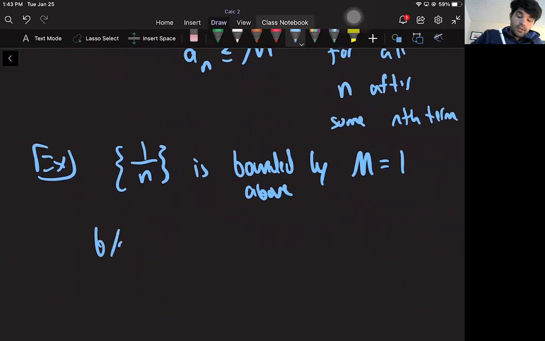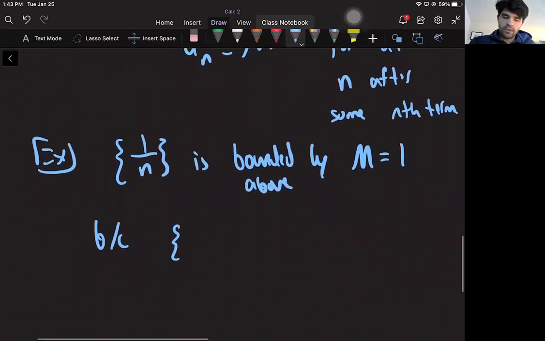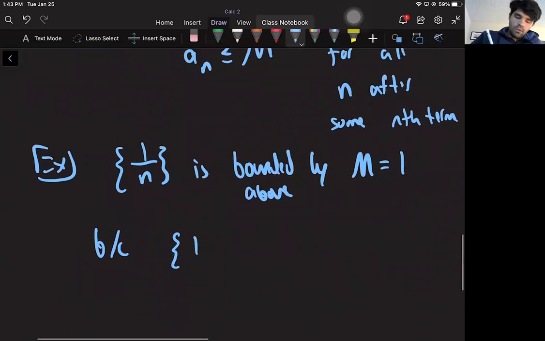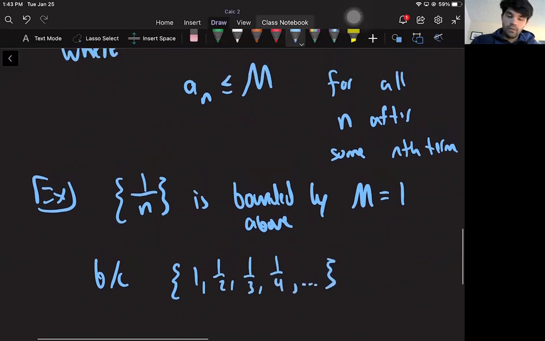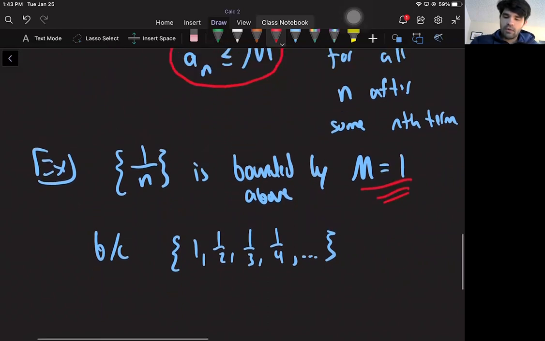According to this definition, if you think about the terms in the sequence, 1, 1/2, 1/3, 1/4, and so on, you need to think about, is it true that they're less than 1 after a certain point?